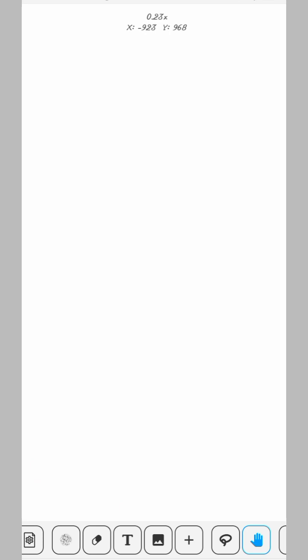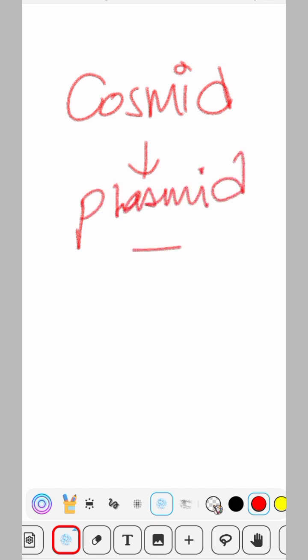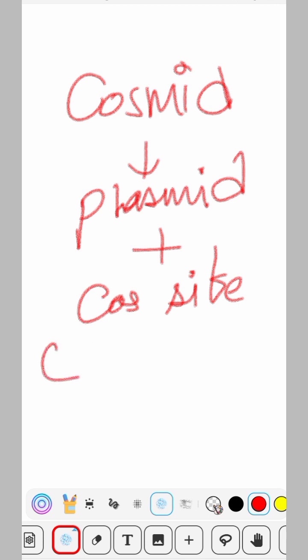And where do these cos sites come from? Obviously the lambda phage. Due to these cos sites, we just learned that in vitro packaging is possible.